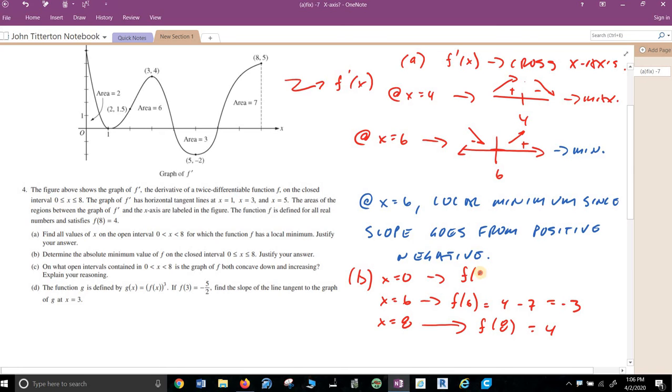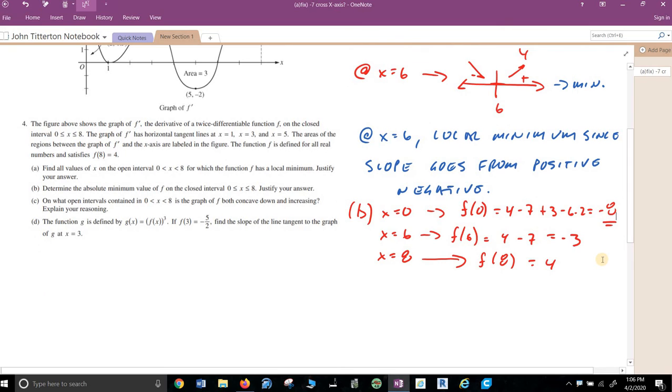And at 0, 4 minus 7 plus 3 minus 6 minus 2, which, if I'm not mistaken, gets us to negative 8. So this one I'm very careful on how I word it. I would say, okay, determine the absolute minimum value.